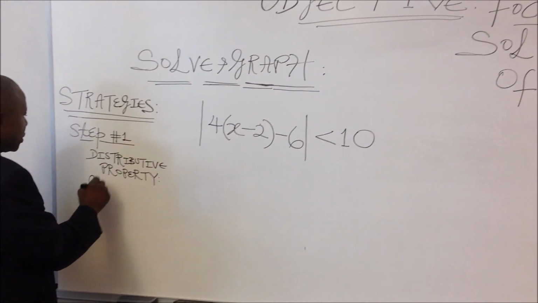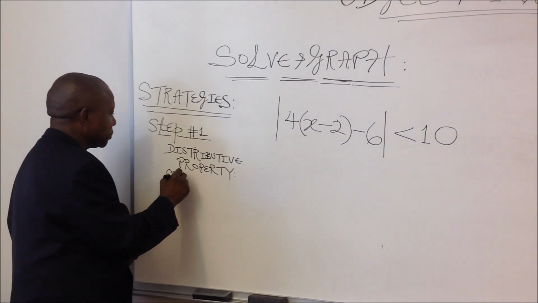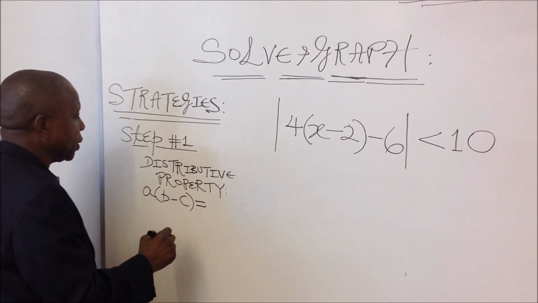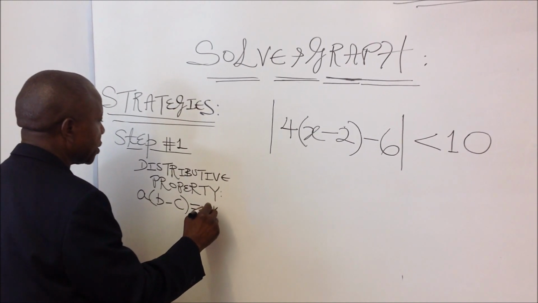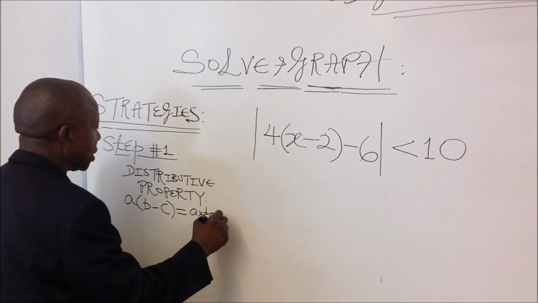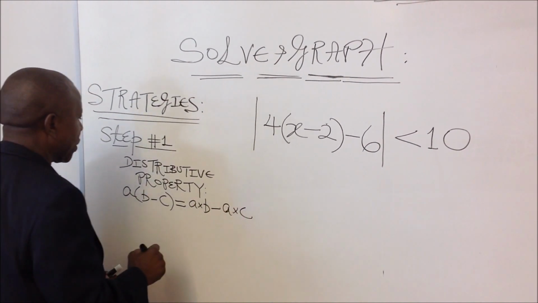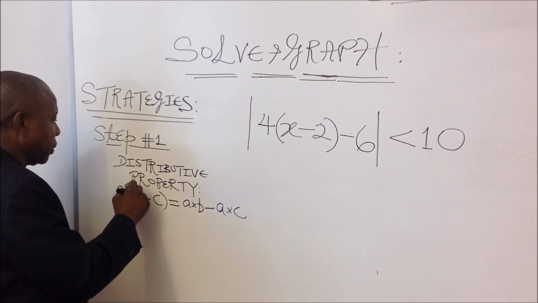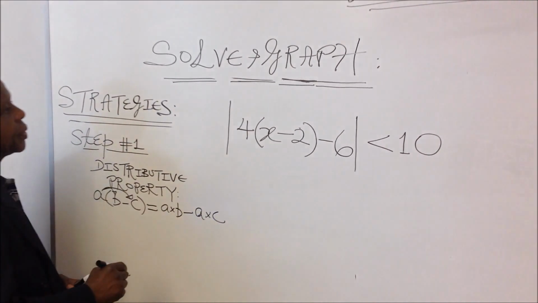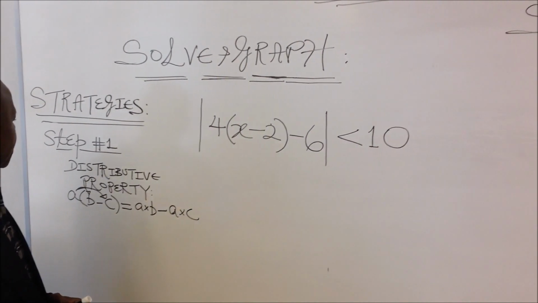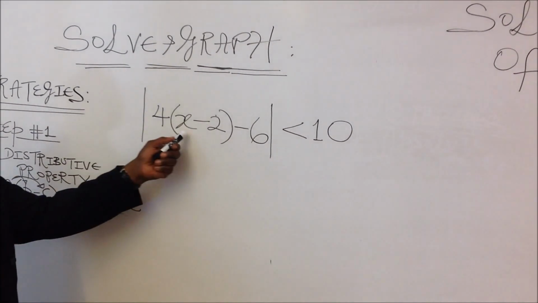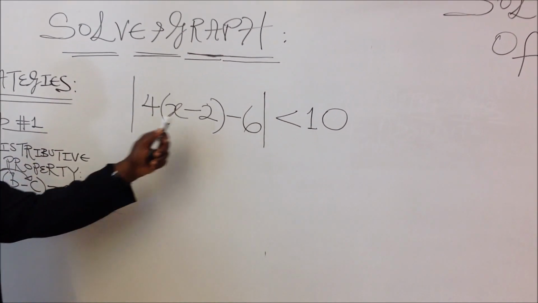Let us see. In other words, if we have A into B minus C, this means that we can say that A times B minus A times C. Again, if we have A into B minus C, this is the same thing as A times B minus A times C. So in our problem, A will represent 4, B will represent X, and C will represent 2.